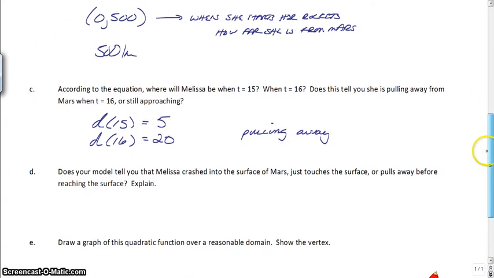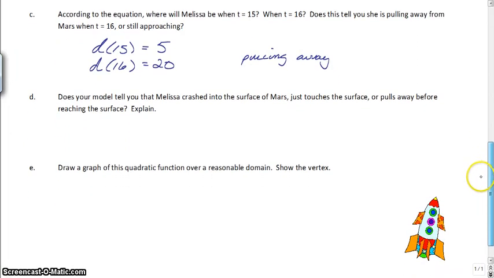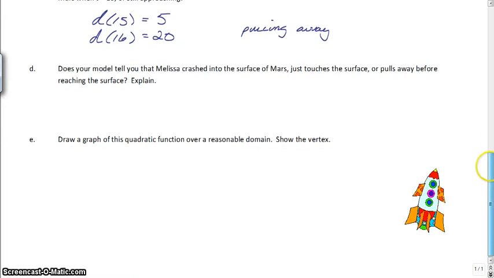For part D, does your model tell you that Melissa crashed into the surface, just touched the surface, or pulls away before? Well, to make that question easier to explain, all you have to do is look at part E first. It did say graph it. So really, again, this is just another sketch.